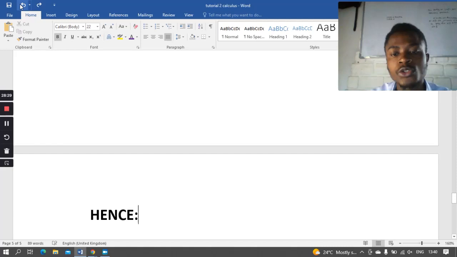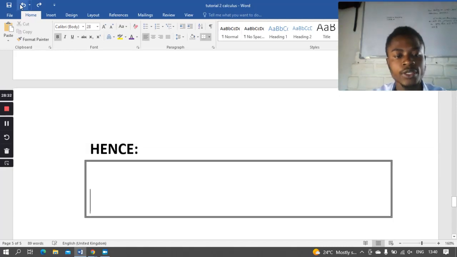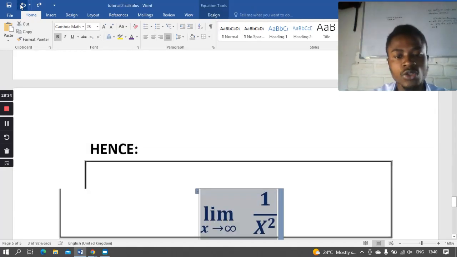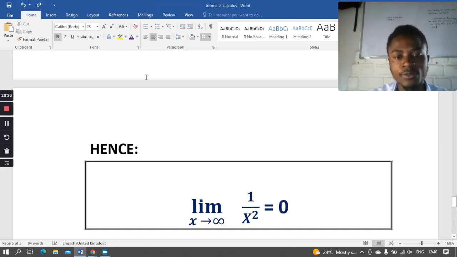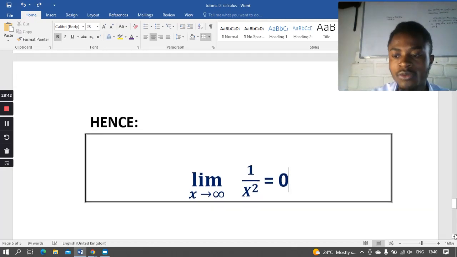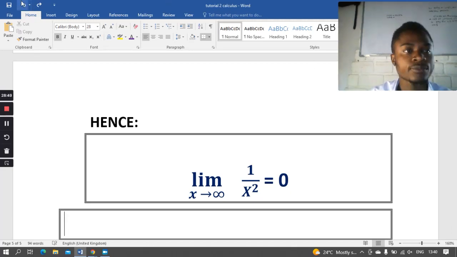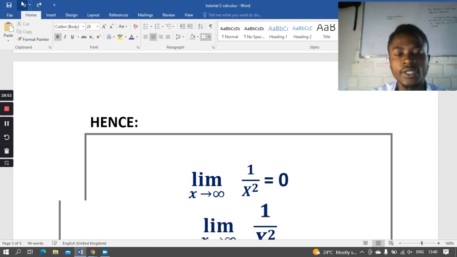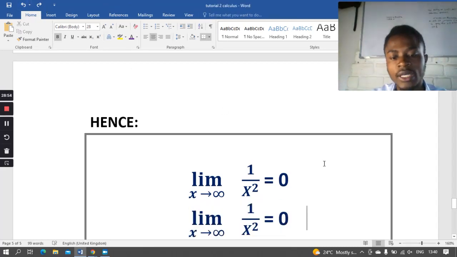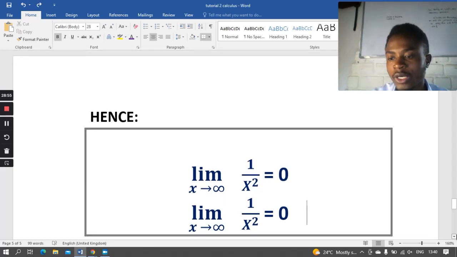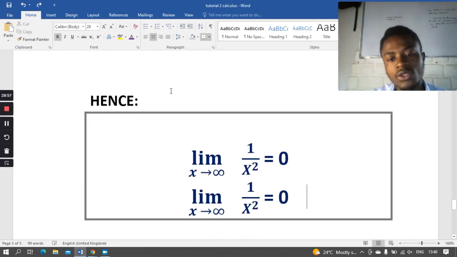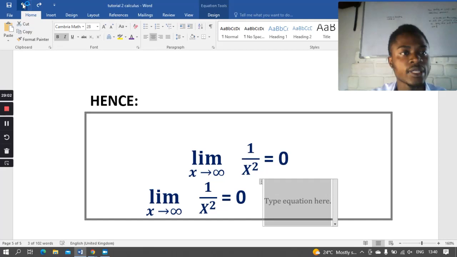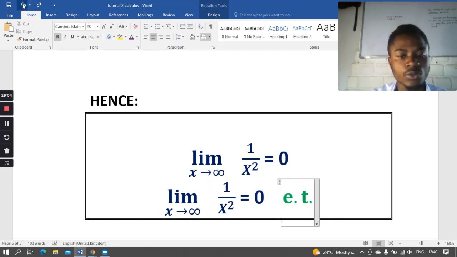Let me quickly also explain what that means. That simply means that the limit of 1 over x squared is 0. Then the limit of, let's say, 1 over x cubed. I wrote x squared there, it was a mistake, but it has to be x cubed.